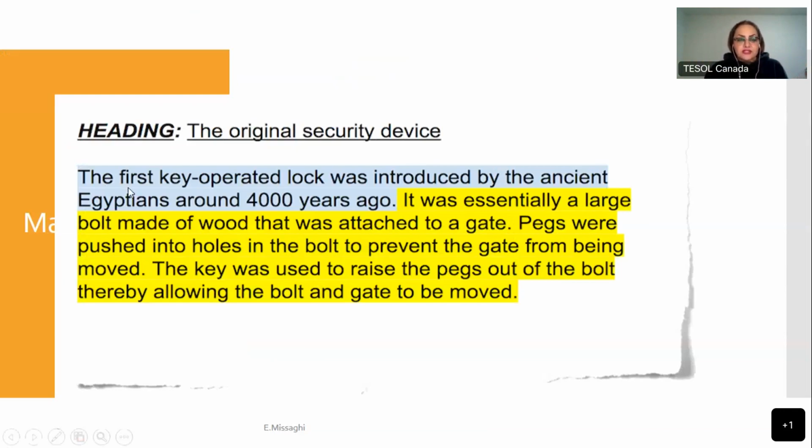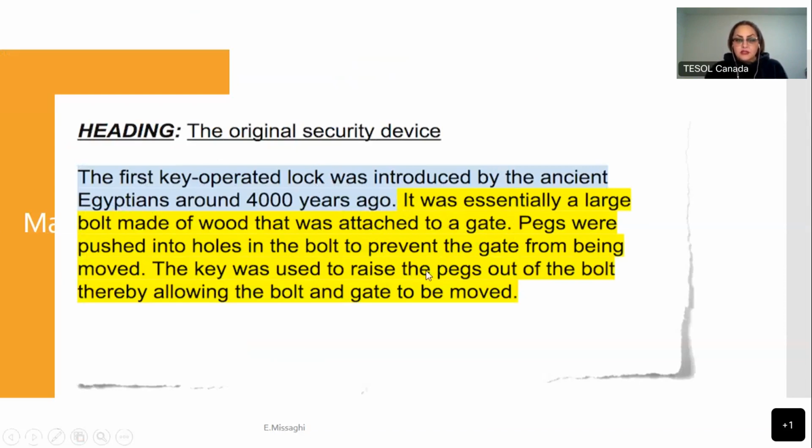As you know, the first sentence of each paragraph is called the topic sentence, which talks about the main aim or main message of the paragraph. It said the first key operated lock was introduced by the ancient Egyptians around 4,000 years ago. So that's a topic sentence. You get, okay, this paragraph is talking about the key operated lock.